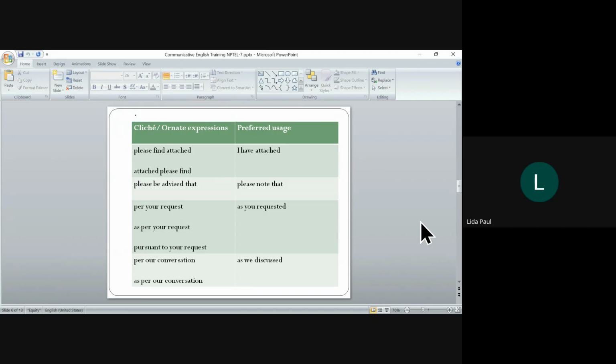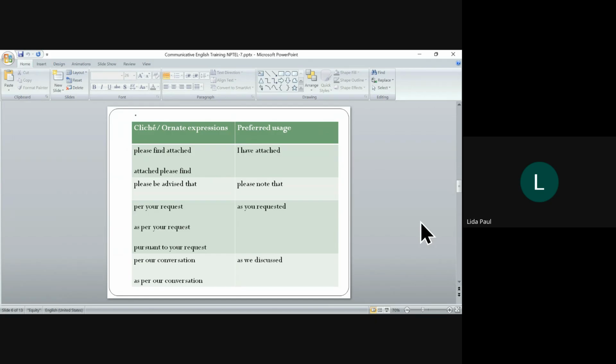Instead of saying please be advised that, you simply say kindly or please note that. This sounds a little decorated use of a language. Instead of writing pursuant to your request, you simply say, as you requested.